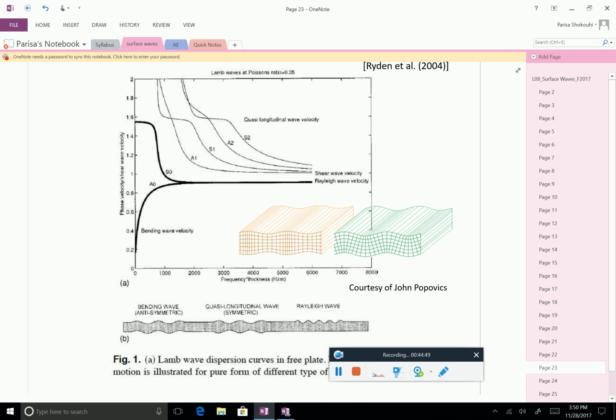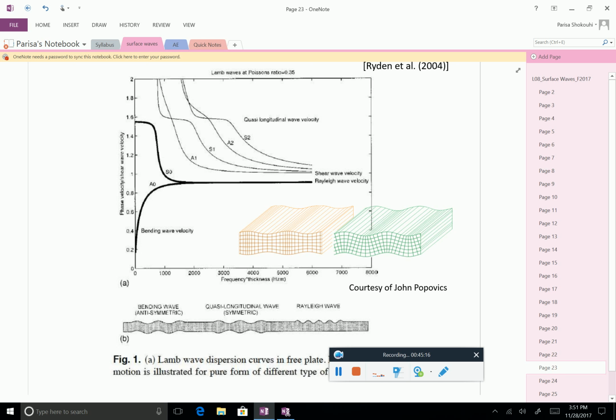We had a stress-free boundary condition. On the surface, we have surface waves because we impose the boundary condition that there will be no stress on the surface. Otherwise, inside the medium, if you don't have this boundary condition, you would only have body waves. Is this clear to everyone? Or do I have to show you the formulations in the beginning?